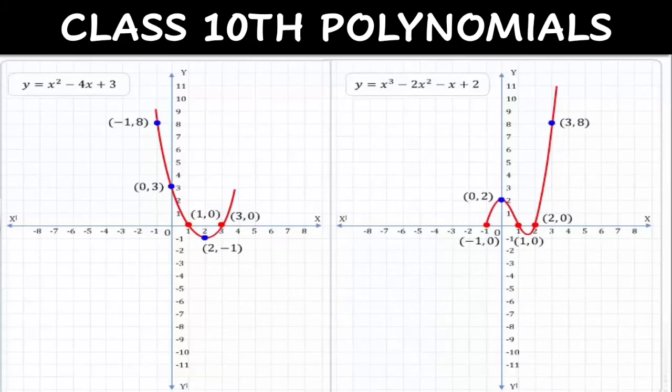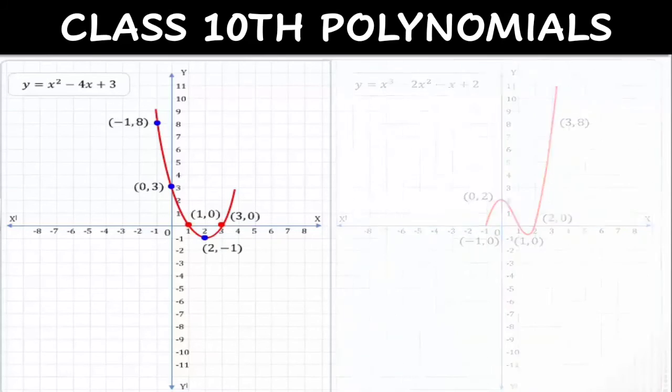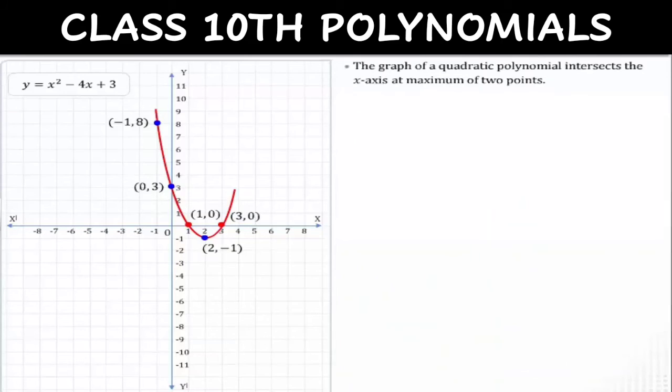Let's summarize the observations from the graphs. The graph of a quadratic polynomial intersects the x-axis at a maximum of 2 points. Therefore, a quadratic polynomial can have a maximum of 2 zeros: 1, 2, or no zeros.